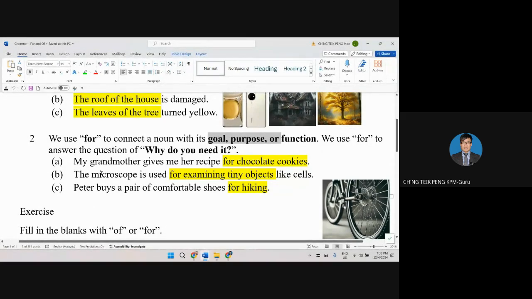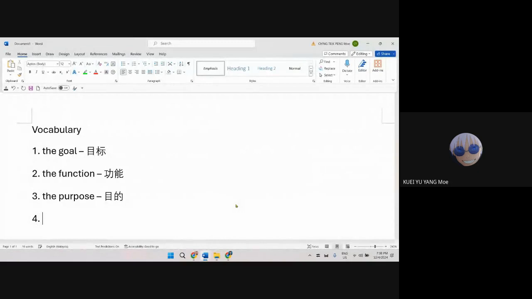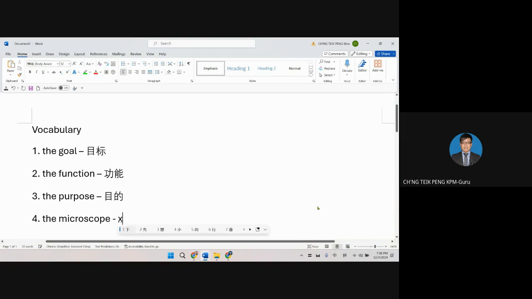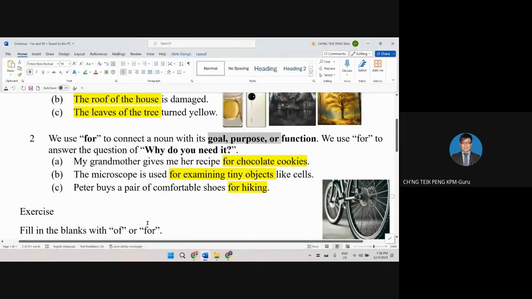A telescope is for astronomy, looking at the stars. A microscope can look at bacteria. We use it to observe bacteria or microorganisms.